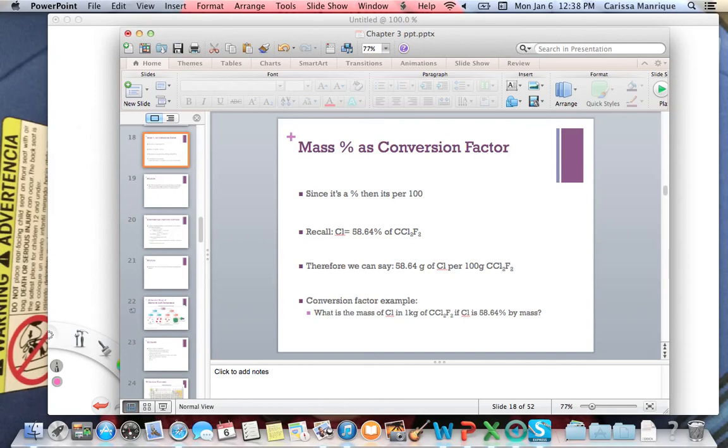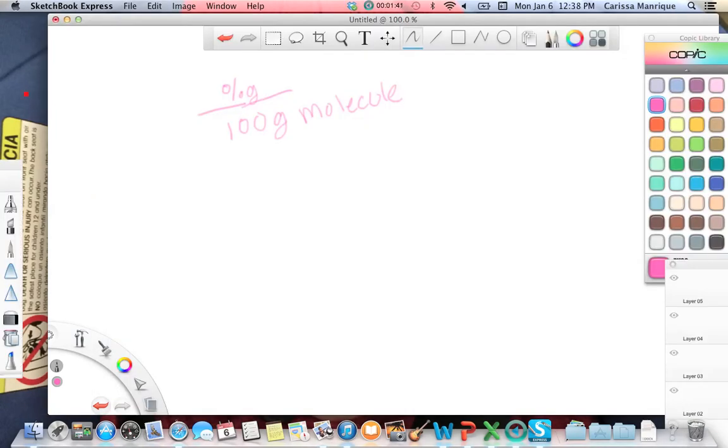Okay, so I have 1 kilogram. Let's see, what was that of? I wrote that down in here. Oh, it's of the sample. I believe this was CCl2F2? Let's make sure before I write this down. Yes, of CCl2F2, and I want to know how many grams of chlorine if chlorine is 58.64% by mass.